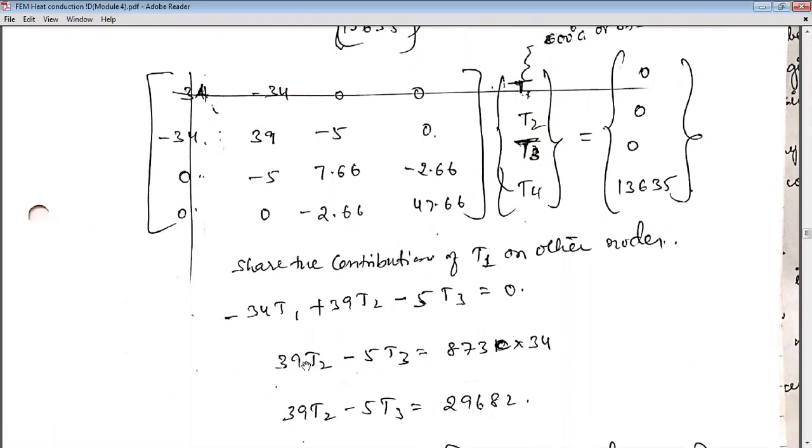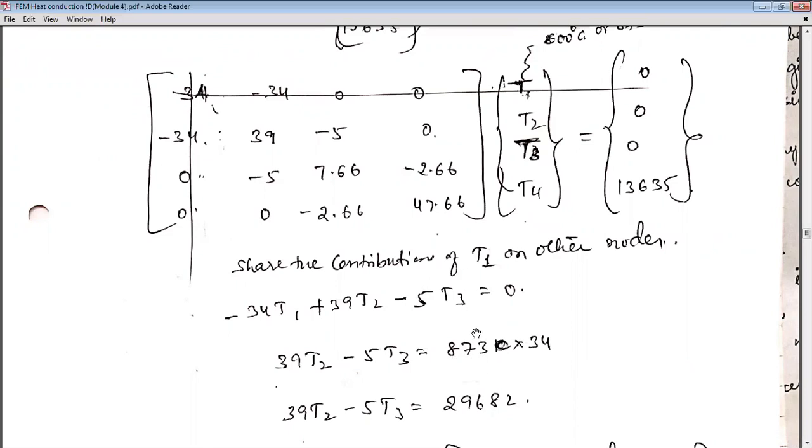Next, minus 34 T1 will go this side, or you can even write T1 here, whatever. But here in this problem, everything was given in kelvins, so I just added 273 to it. In the next problem, what you just discussed, everything was in degrees Celsius. We actually stopped that itself with degrees Celsius only.